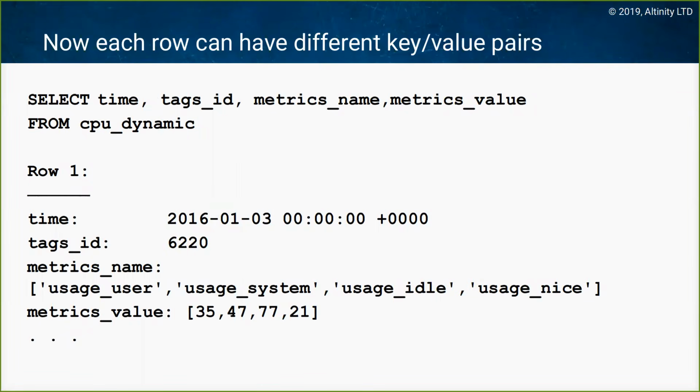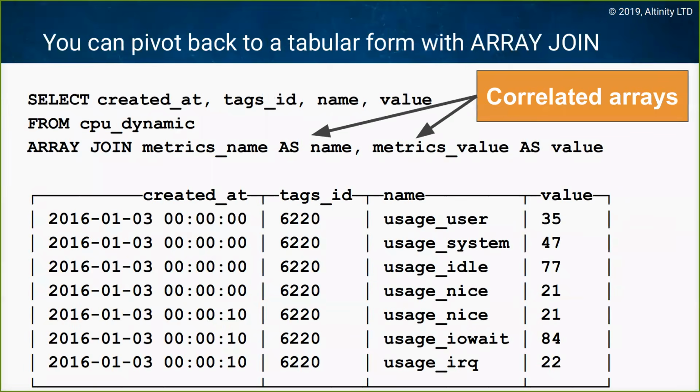We can have different key value pairs, but what's really cool about ClickHouse is it also gives us some ways to pivot these arrays so that we can turn them back into nice rows again. So for example, what we can do here is we can pivot this back at will to turn it into a fully tabular form. So we've got it stored fairly efficiently in the arrays. And what we can now do is use something called an array join.